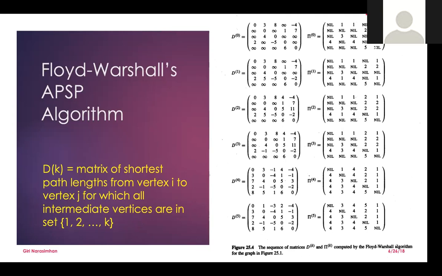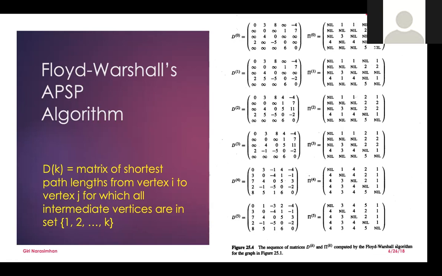Because it's a matrix, you get all such pairs, but it's only going to be shortest paths for which the intermediate vertices are from the set 1, 2, 3, up to k. When k is small, you don't have too many choices for the paths. When k gets larger and larger, you get more and more options.